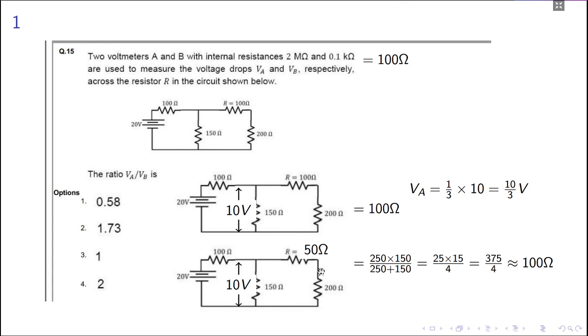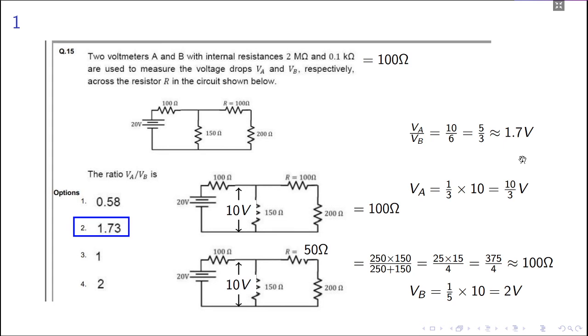So it's 1 by 5 of 10 here and 4 by 5 of 10 here. So the voltage drop here would be 10 by 5, so it's 2 volts. So 2 volts will drop here, so the reading will show 2 volts. And now you can easily calculate VA by VB. It's 5 by 3 approximately, and that comes to 1.73.